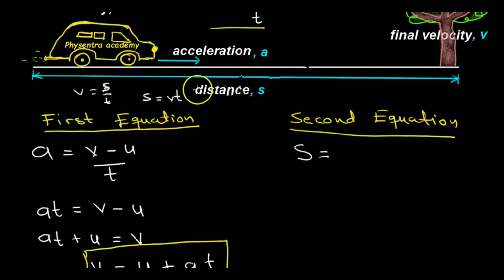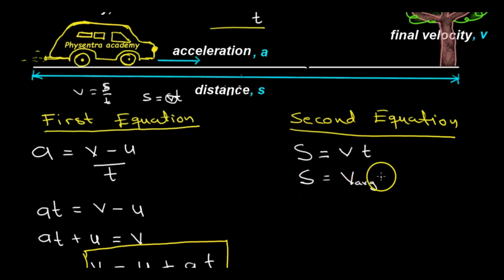Now in this case, if you are looking for the displacement from the beginning to the end of this journey, we don't have a single velocity. There are several velocities. It started with a single velocity, probably started from zero. Then at this point, it had a different velocity, here a different velocity, until it gets to its final velocity. So instead of just multiplying by the velocity, we multiply by the average velocity.